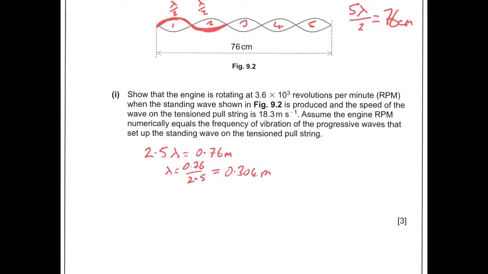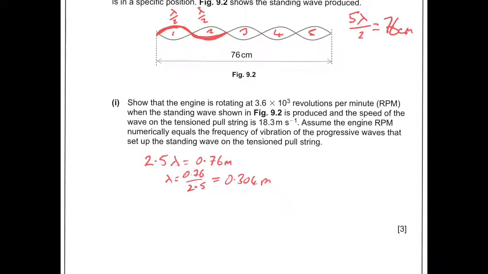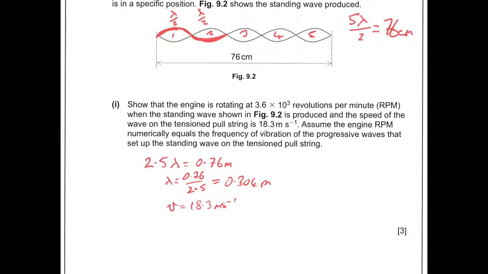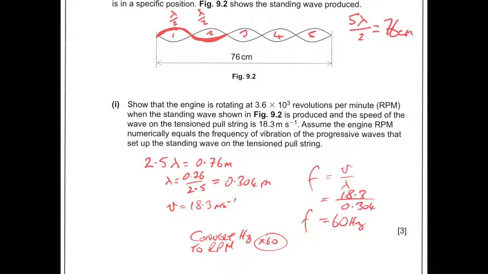Now we already know that v is 18.3 meters per second, and we also know that f will be equal to v over lambda. And that gives us a frequency of about 60 hertz. So hertz, remember, is vibrations per second.